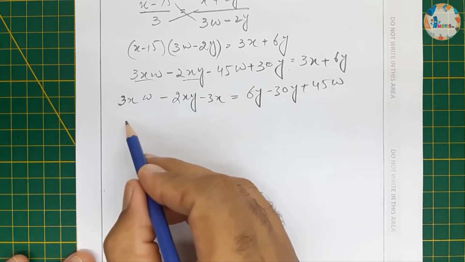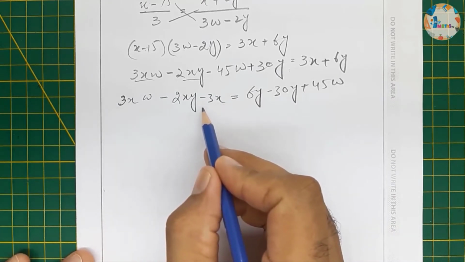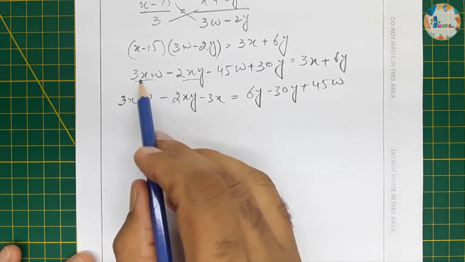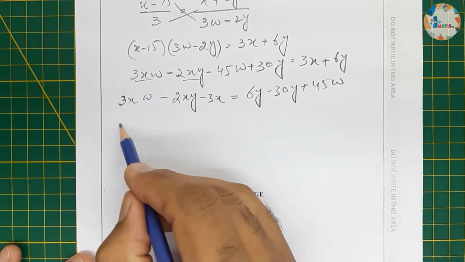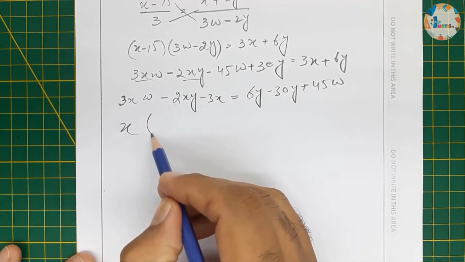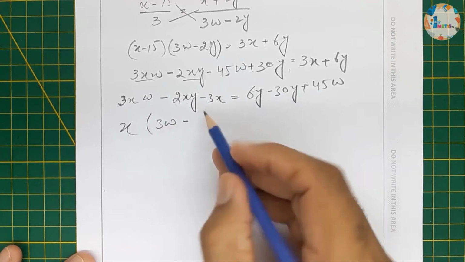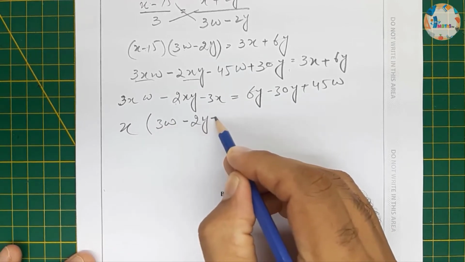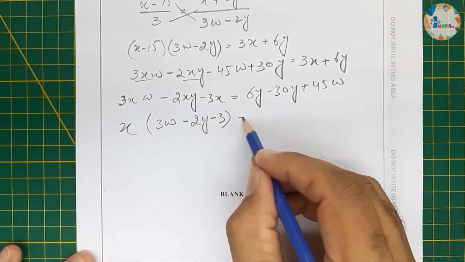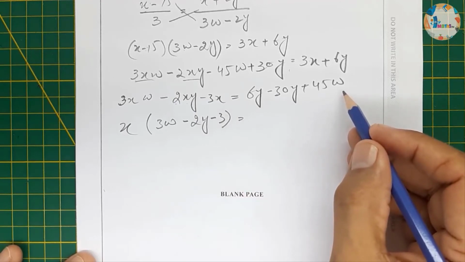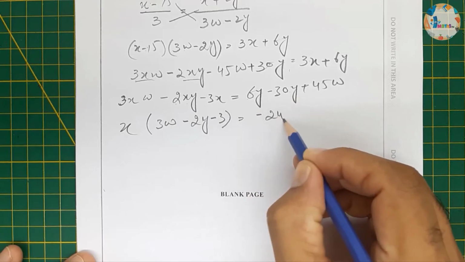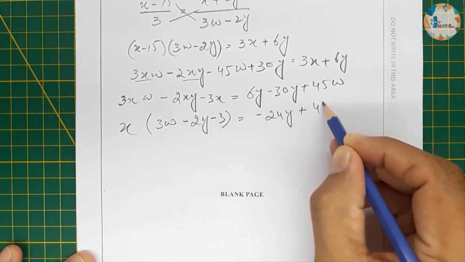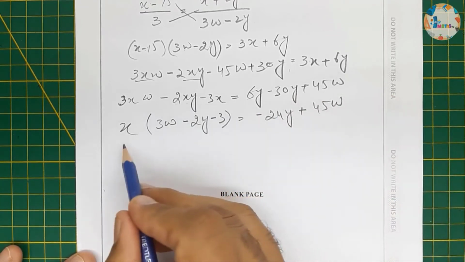And from this side we can take x common, because we cannot take 3 common, this is 2. So inside will be 3w minus 2y and minus 3, and from this side we can add these two like terms, so it will be minus 24y and plus 45w.